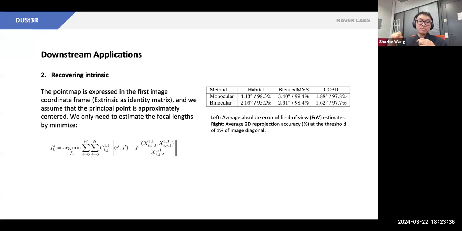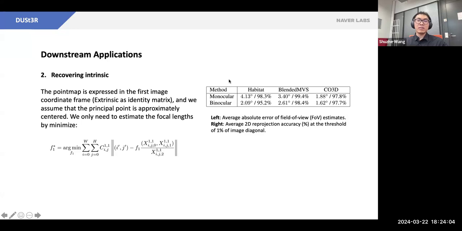So we don't care about the camera intrinsics or extrinsics here, and we just minimize the reprojection error to estimate the focal length of each pixel. But we take our final prediction as the average of the focal lengths.